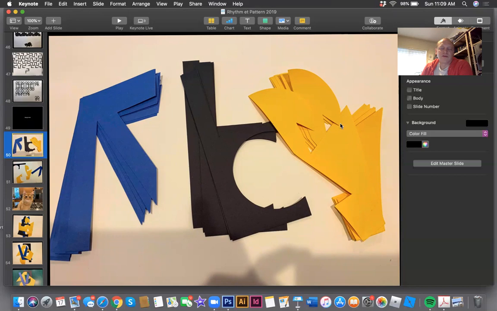So I really want this done with interesting shapes and not just basic shapes like squares and circles and rectangles. So you build up these objects and then you cut out multiples of each object. And each object then has its own color.